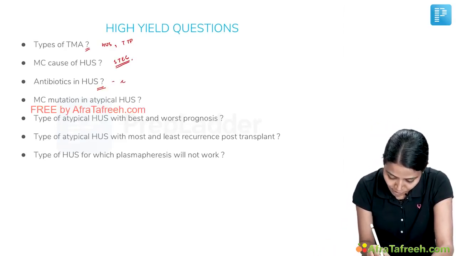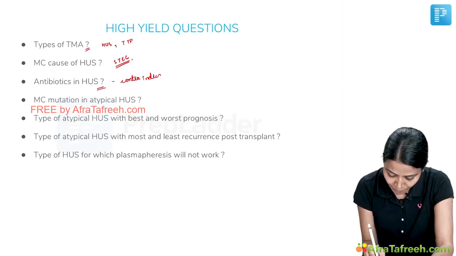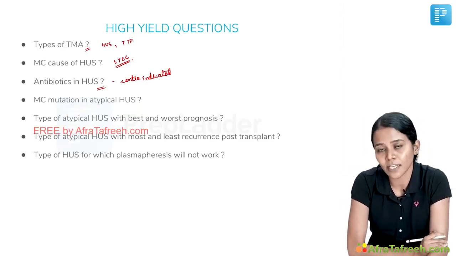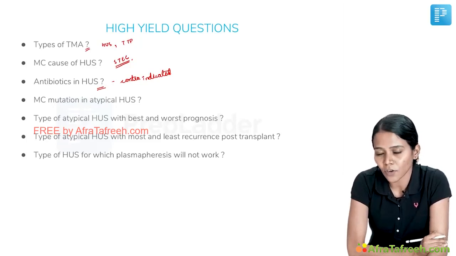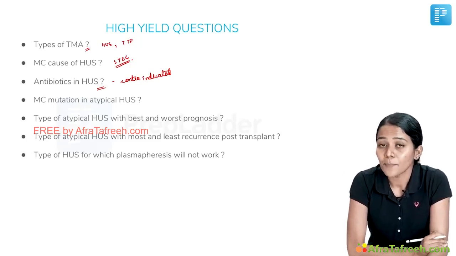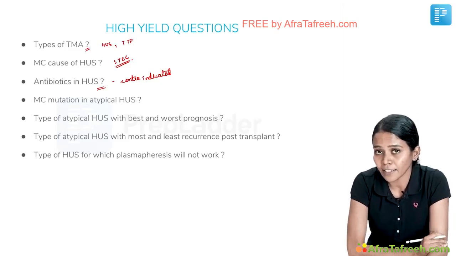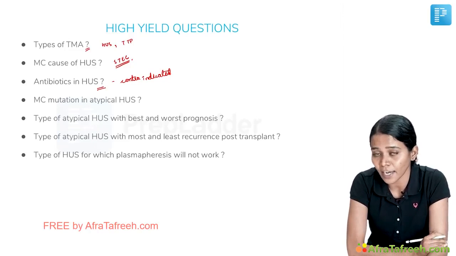Antibiotics in HUS are contraindicated because when we give antibiotics, it is going to destroy the bacterial cell wall and lead to further release of toxin into the circulation. Hence, it is contraindicated. Another thing is plasmapheresis is contraindicated in Streptococcus pneumoniae induced HUS because plasma infused can give fresh anti-T antibodies.